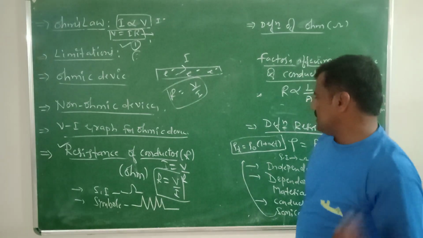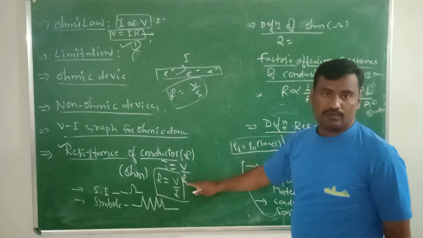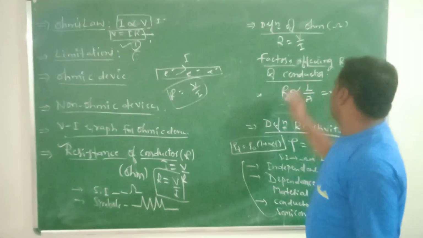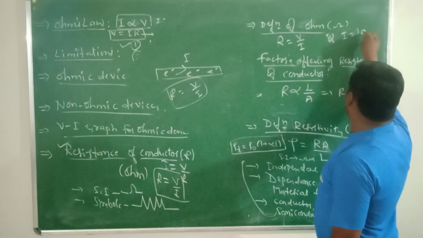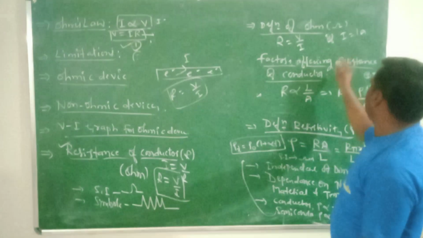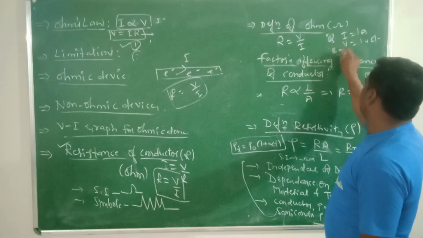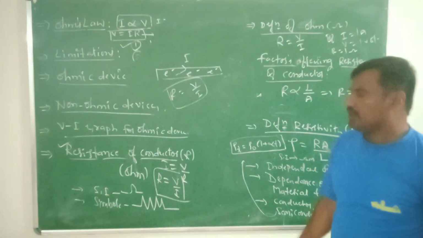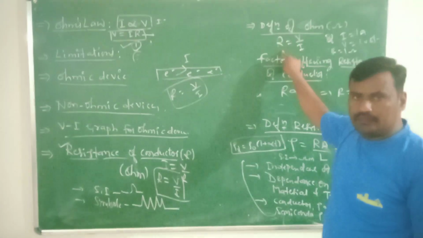Resistance of a conductor is said to be 1 ohm. For example, in the formula R equal to V divided by I, if I equal to 1 ampere and V equal to 1 volt, then R equal to 1 ohm.